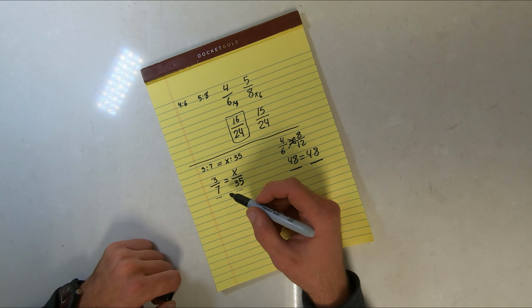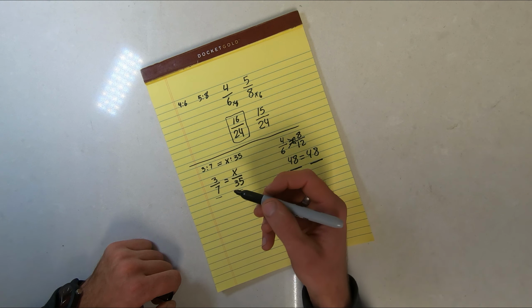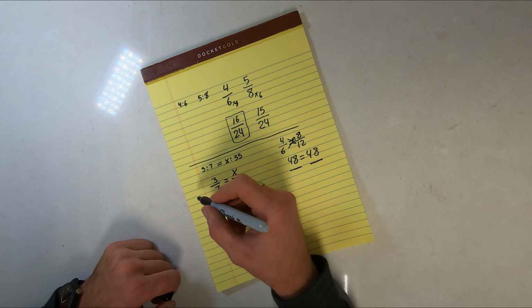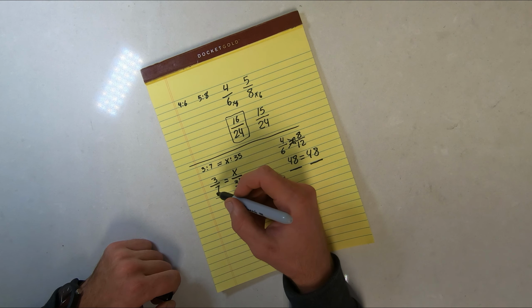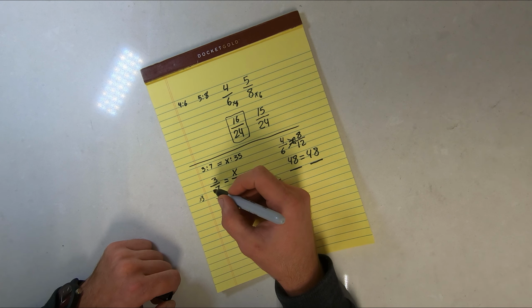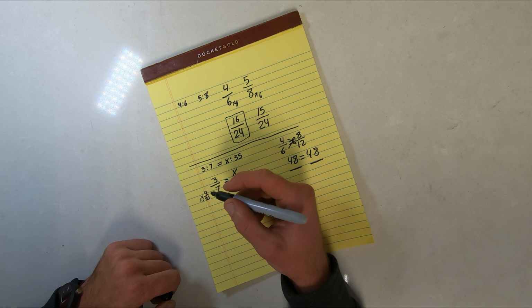Because we know that these ratios are equivalent, we can simply multiply this fraction until we get the 7 to 35. For example, let's say we multiply this fraction by 3. We'll get 9/21.